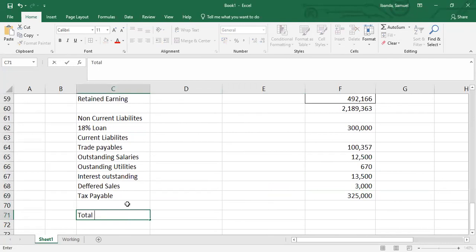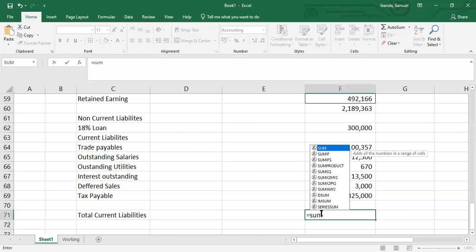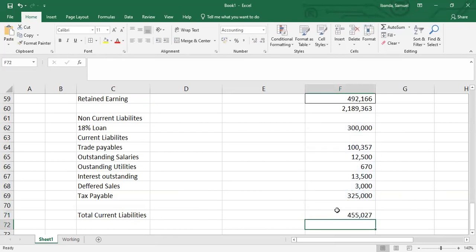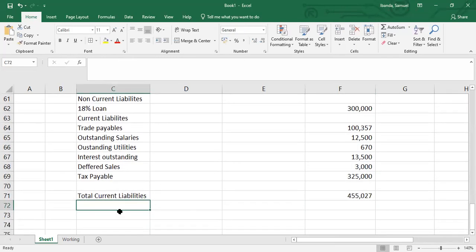Okay, let me first get total current liabilities. Total current liabilities, which is the summation of this, like that. So then I'll have the last line, which I'll call my total of equity and liabilities.